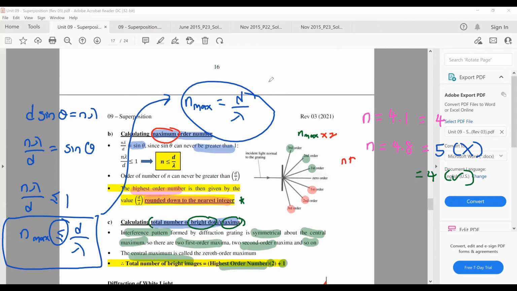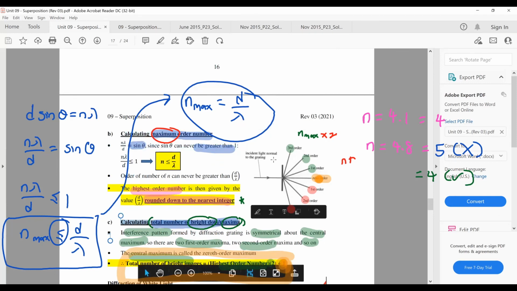All right, but there's another one that you haven't taken into account, which is the center one. So that's where your plus 1 came about, because you're adding the 0 order inside. So this one will give you the maximum order. This one will give you the total number of maxima. Okay, so there's a difference between calculating maximum order number and calculating the total number of maxima. This one you need to read the question carefully, what they want.